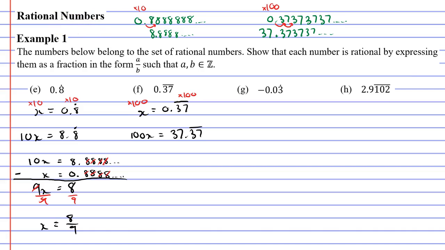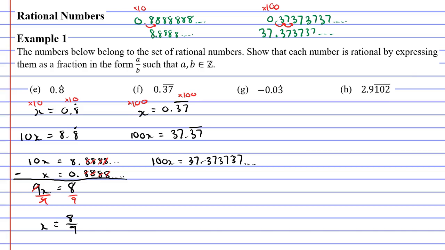So we're going to use the elimination method. We're going to write one equation above the other. So starting with 100x equals 37.3737. Once again, I'm just writing down these repeating decimals one after the other to help illustrate what's going on.